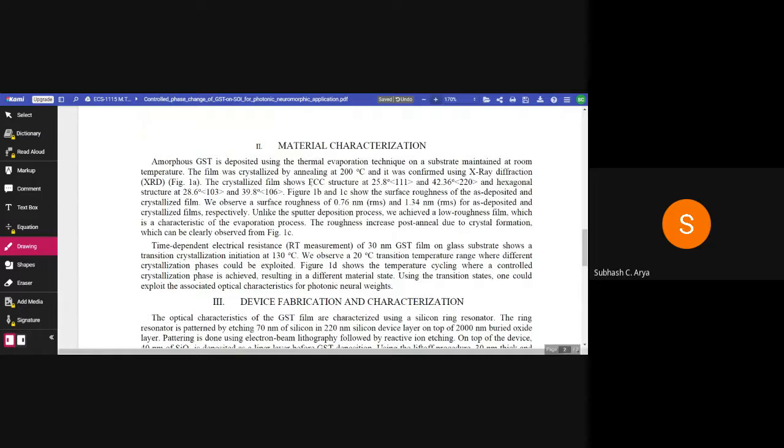The film was crystallized by annealing at 200 degrees centigrade and it was confirmed using X-ray diffraction, XRD, figure 1A.